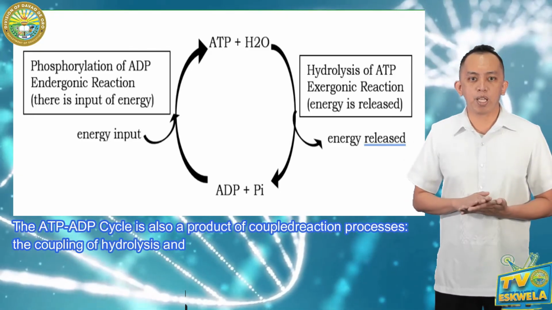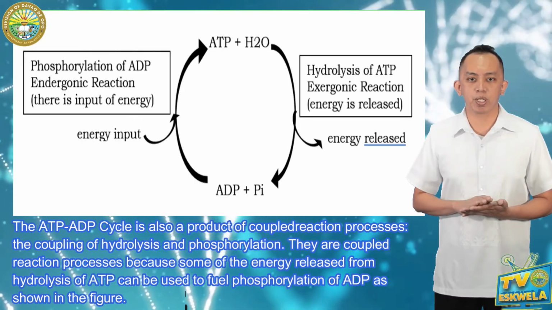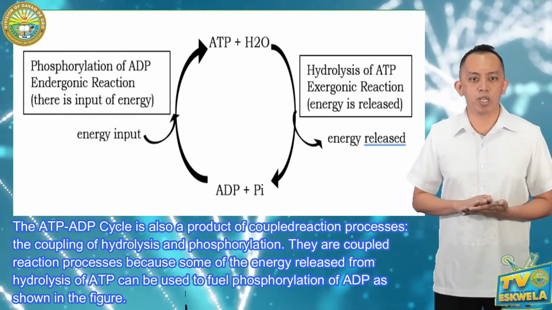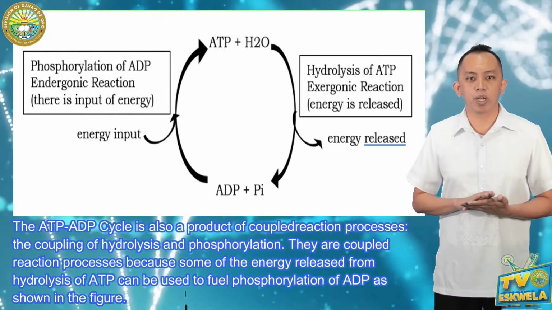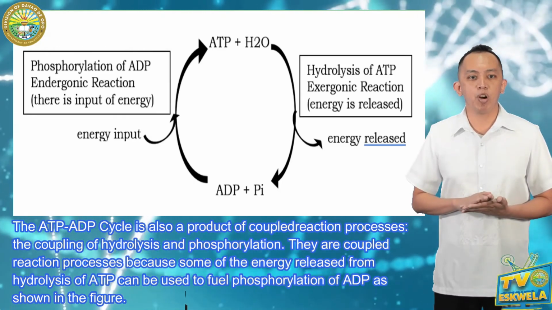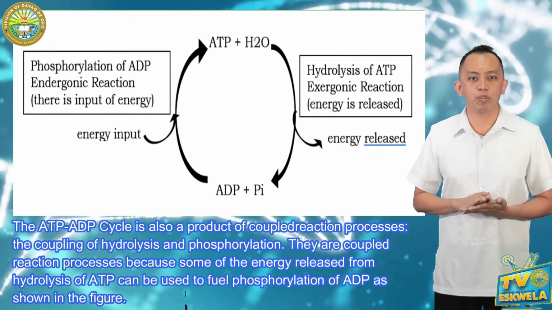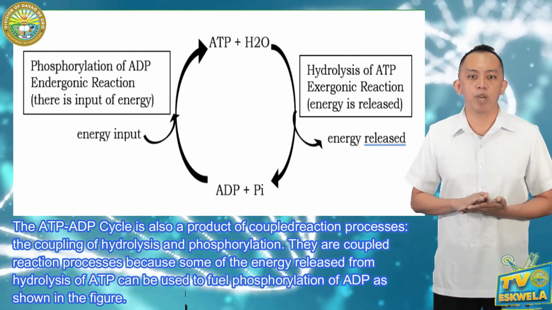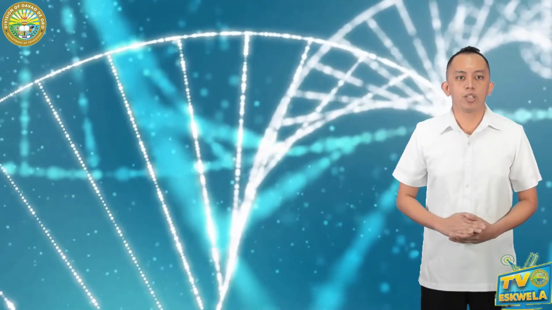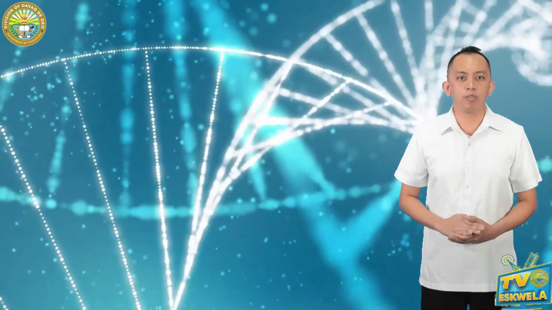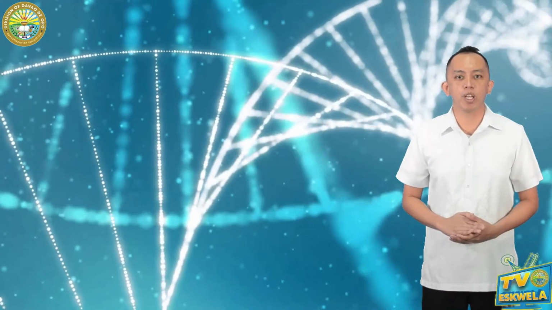The ATP-ADP cycle is also a product of coupled reaction processes, the coupling of hydrolysis and phosphorylation. They are coupled reaction processes because some of the energy released from hydrolysis of ATP can be used to fuel phosphorylation of ADP as shown in the figure. And so, this is how cells of organisms make use of ATP as a source of energy.